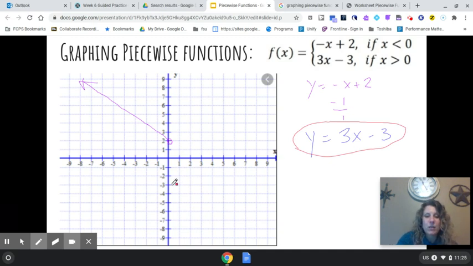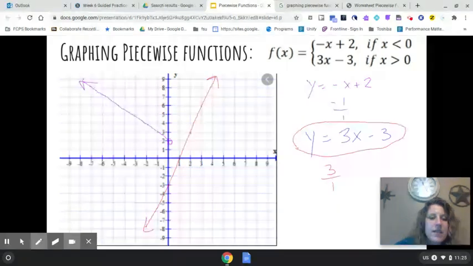So I'm marking a point at negative 3. And my slope is 3. So I'm going to go up 3 and over 1.